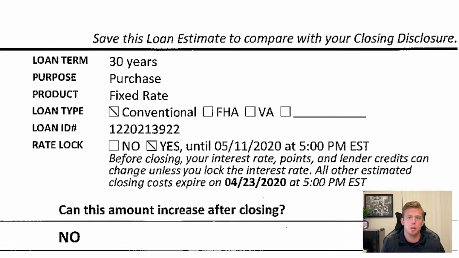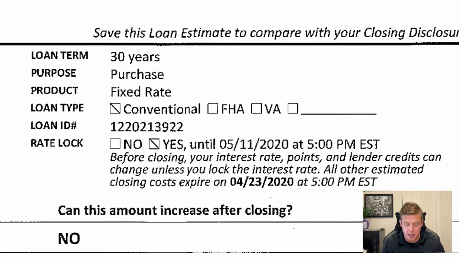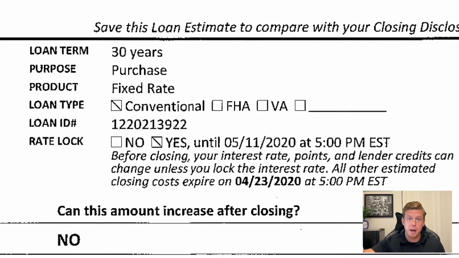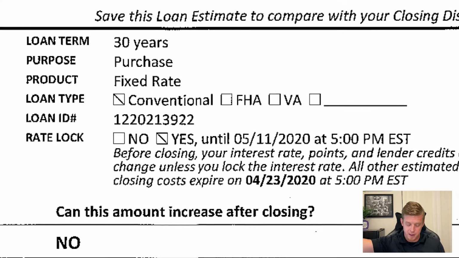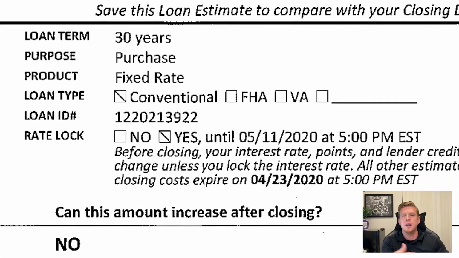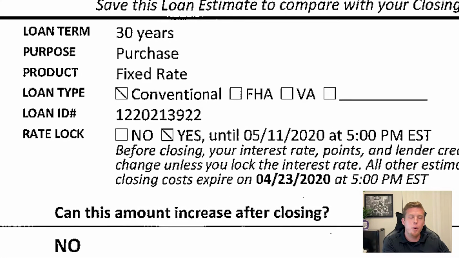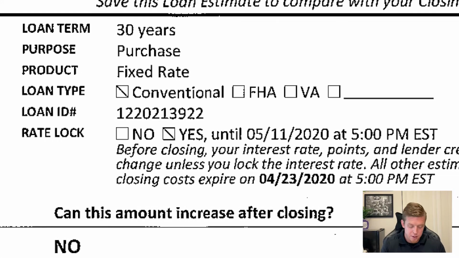We're gonna lock it. We don't want to worry about the market fluctuating. We've got a 3.25% for you right now at par. It's not costing you any points, and that's really good. Let's not gamble with it. Do you agree? Yes, I agree. Okay, locked. And you'll see right there on the top right, it's locked, and it tells you it's locked through 5/11. And this contract is scheduled to close on 5/4 or 5/8 or whenever it is, and so you're good to go there. So that's that.